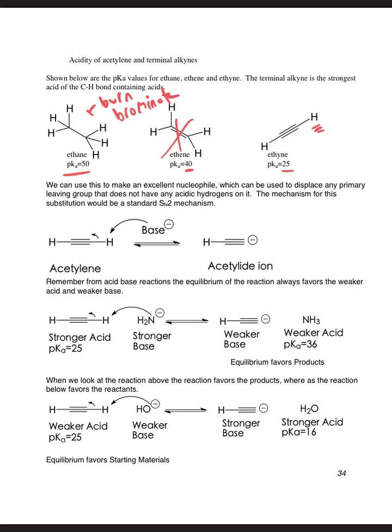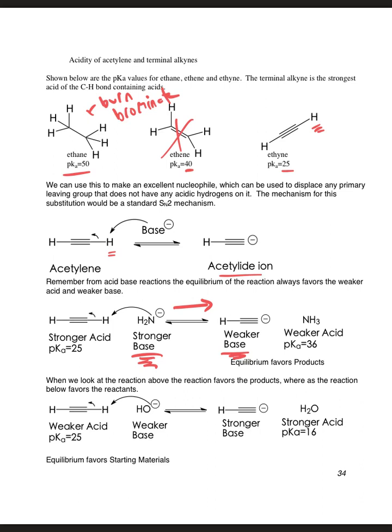So if we have a strong base, we can remove the hydrogen off of acetylene to make the acetylide ion, and then we can do something with the acetylide ion to displace something with a leaving group on it. From acetylene, we need to make sure we always add a stronger base than the conjugate base of the acetylene to make sure we pull off the hydrogen and force the equilibrium towards the products of making the acetylide ion.